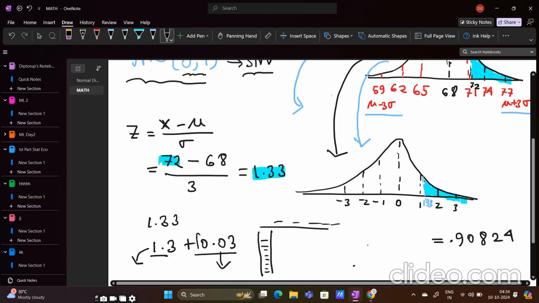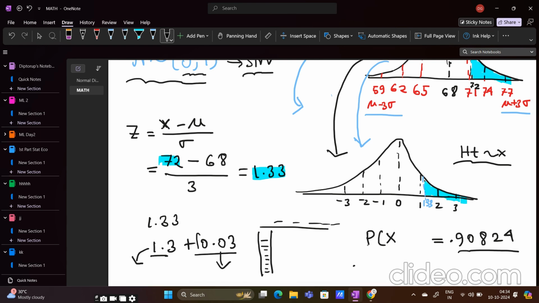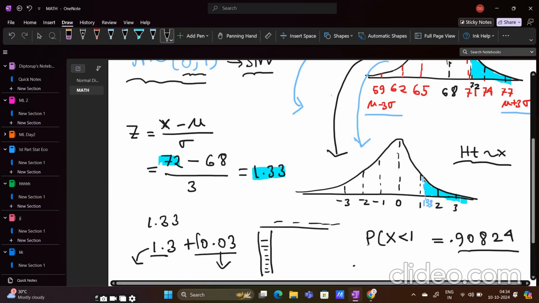This is telling the probability that the height, or I can denote height as x also, just for my advantage here. Now what is this probability telling us? This probability is telling us that the probability of the height, that is x, less than 1.33 will be 0.90824.